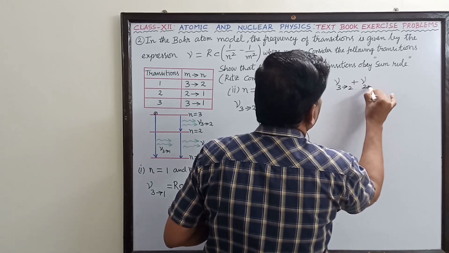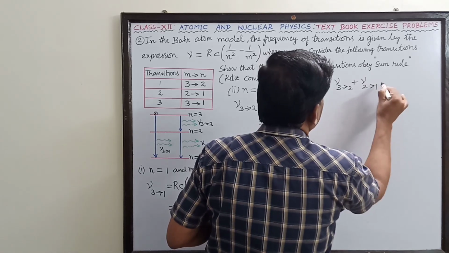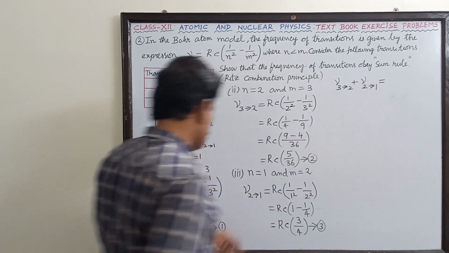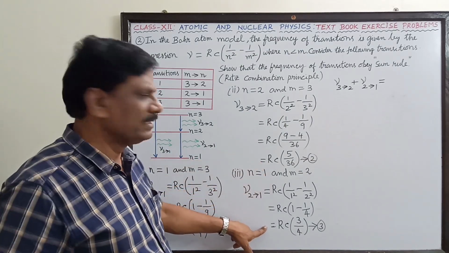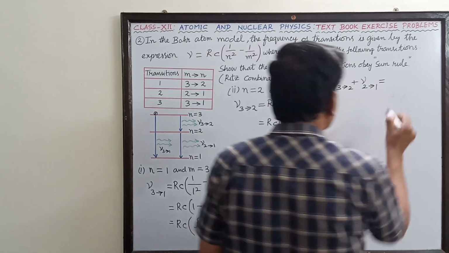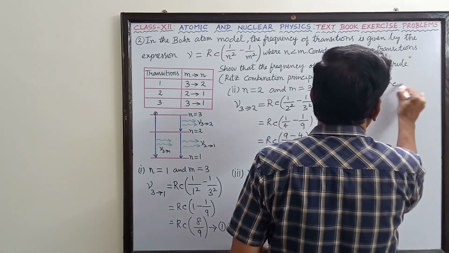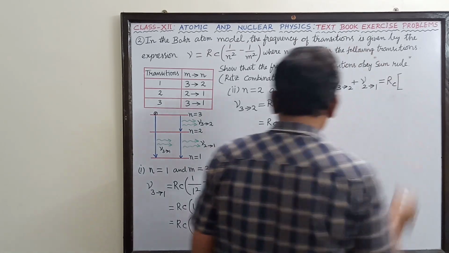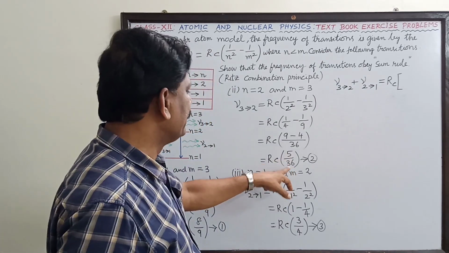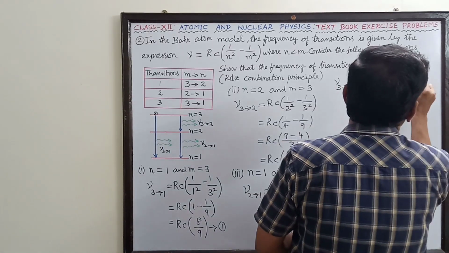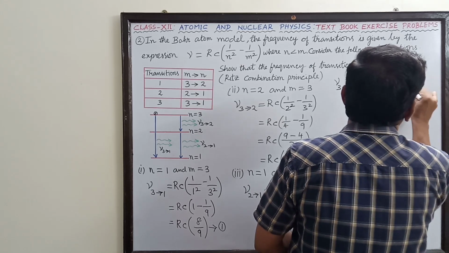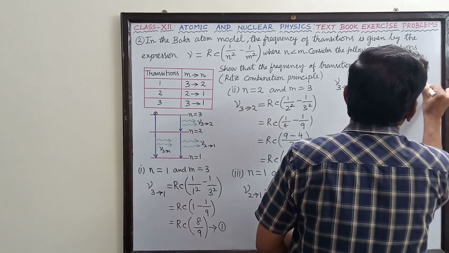Now RC is the common factor, is it not? So I can write R into C as a common factor, and 5 by 36 plus 3 by 4.